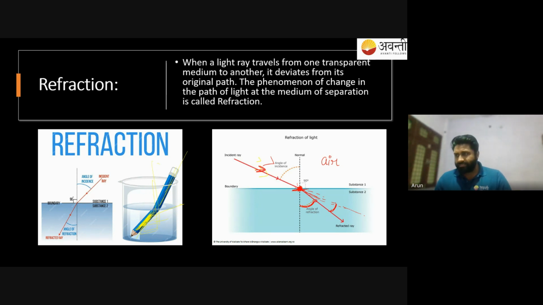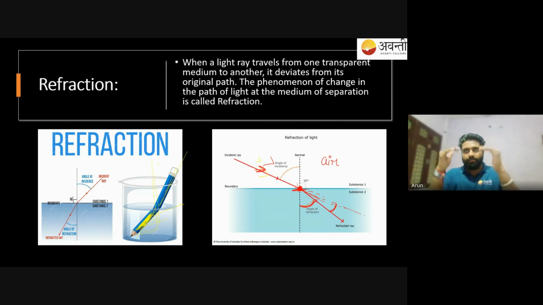Now you can ask what is the actual cause of this, how the light is bending. When you change the medium, the speed of light will change, because the speed of light depends on the medium, because light also behaves as a wave. A wave has a nature that its speed depends on the medium.